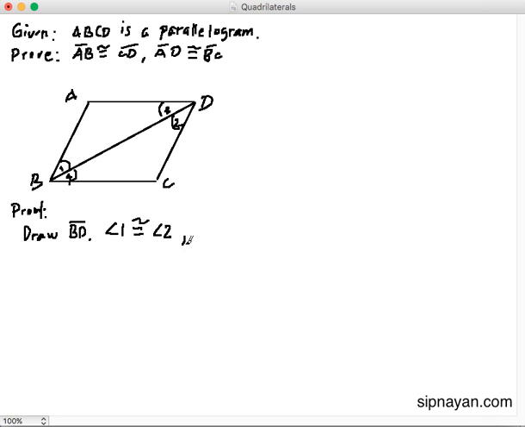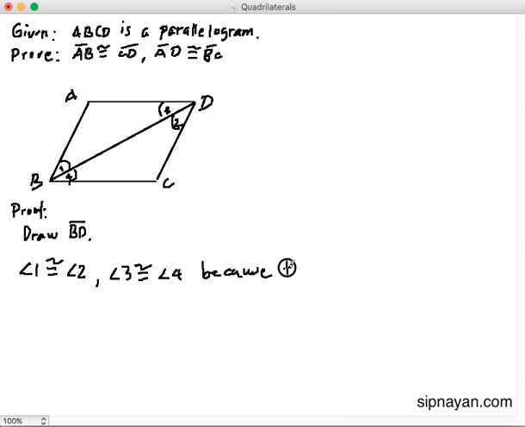because what else? And angle 3 is congruent to angle 4 because they are alternate interior angles.